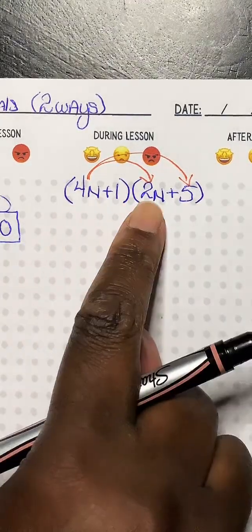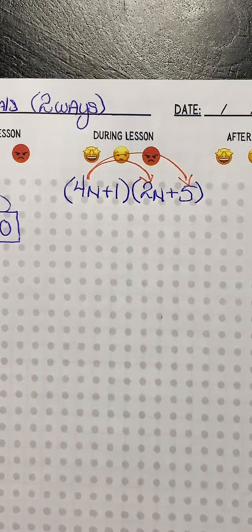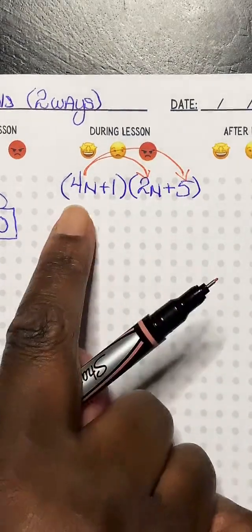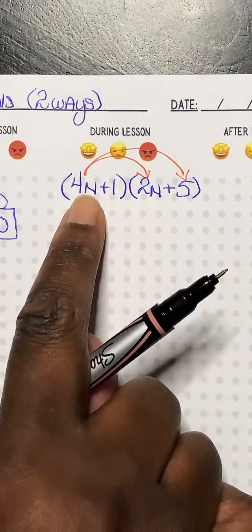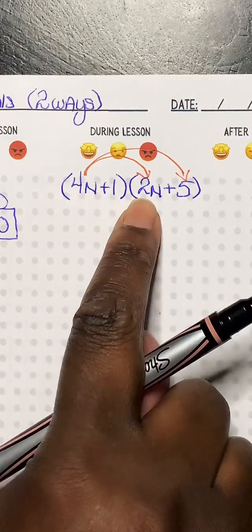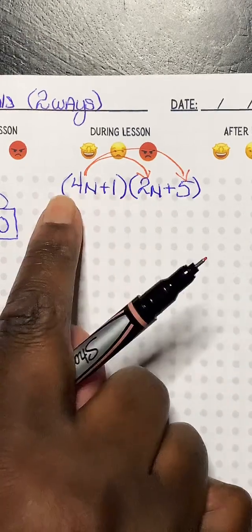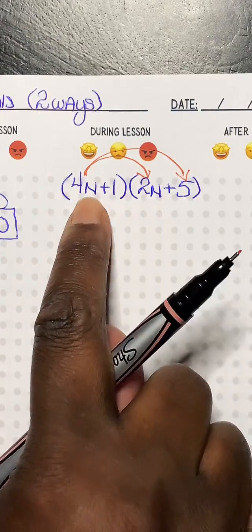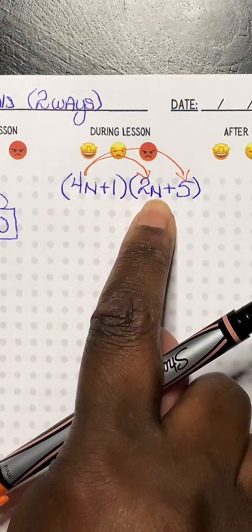So when I distribute, I'm multiplying. Now here's the thing. When you multiply, you add your exponents. The whole numbers, the coefficients, you multiply, but the exponents you add.